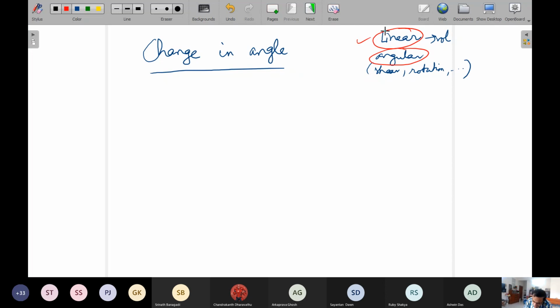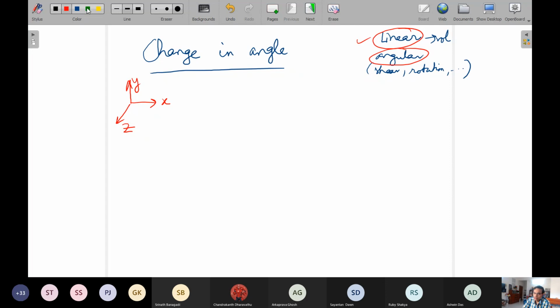So if we take a Cartesian system like this, then just let me give an example, say angular velocity.